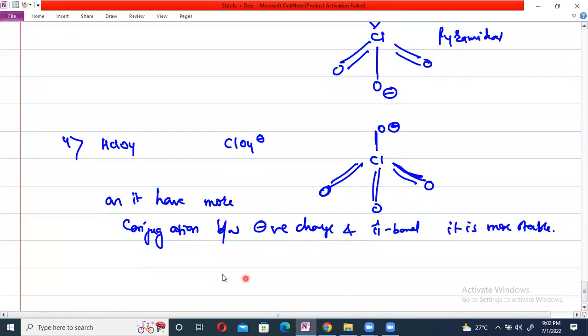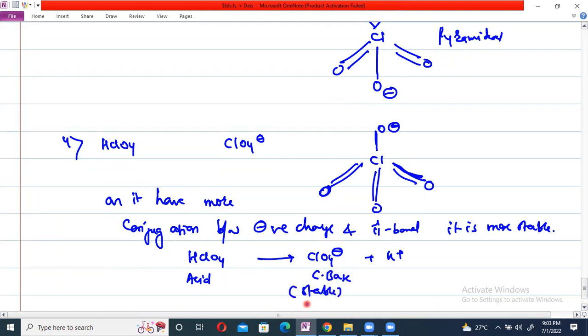As it is more stable, HClO4 wants to form a more stable ion, meaning it has a tendency to give H plus and is called an acid, and this is called the conjugate base. As it has a tendency to form a stable conjugate base, HClO4 will act as a strong acid. So HClO4 will act here as a strong acid.